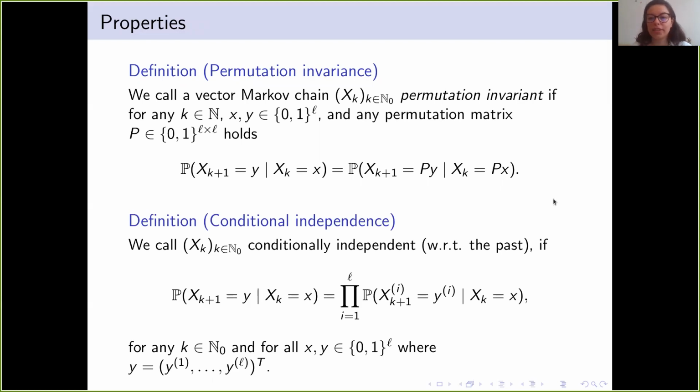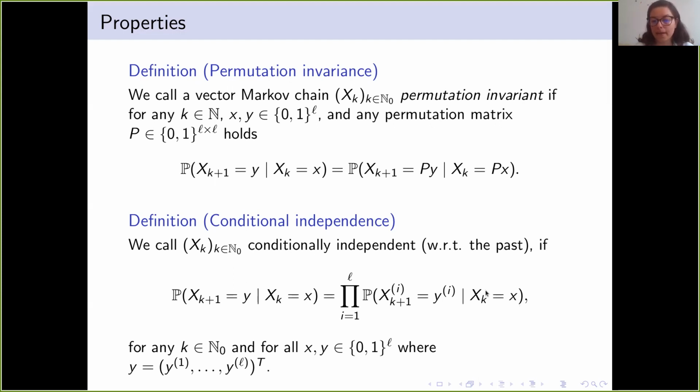And the other property is called conditional independence. Conditional independence means that, let's imagine I can see the whole process, the multidimensional process. If I saw at time k the process was in vector X, the probability of going from this X to this Y, I can treat that as independent in this way.